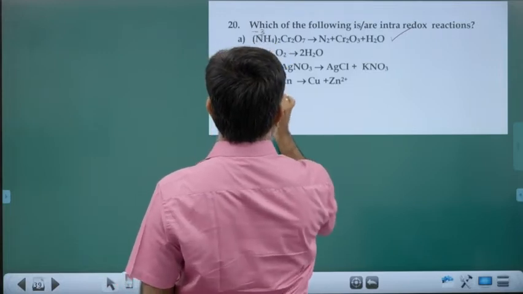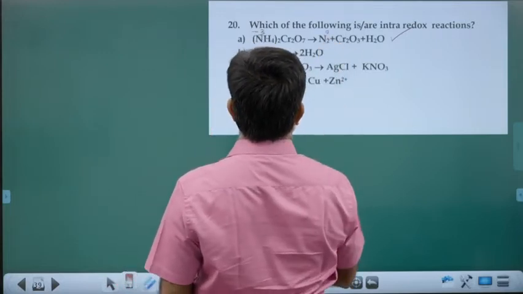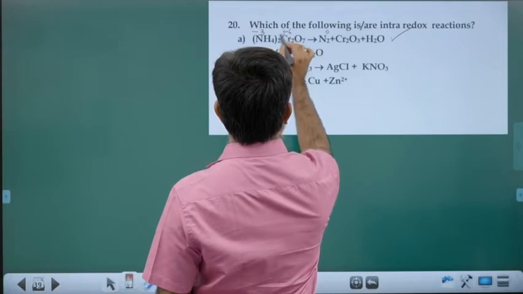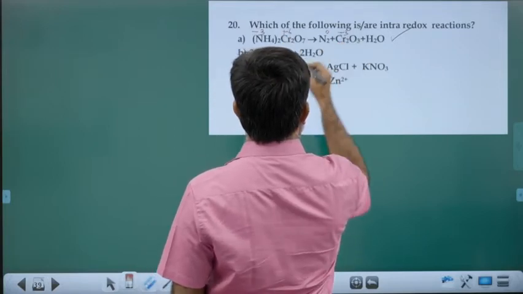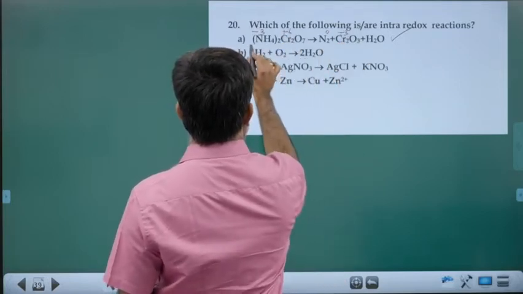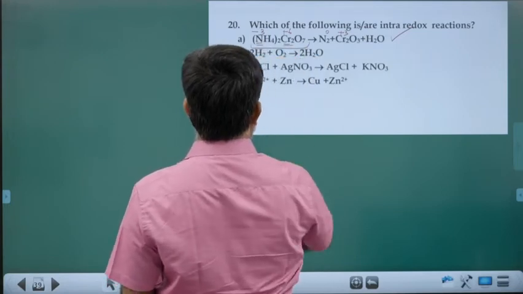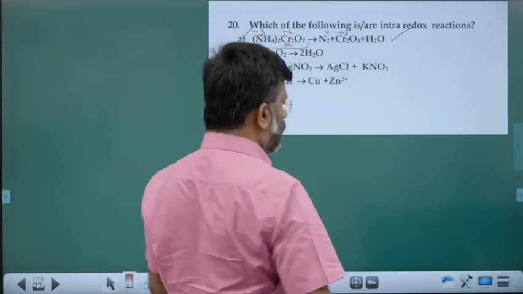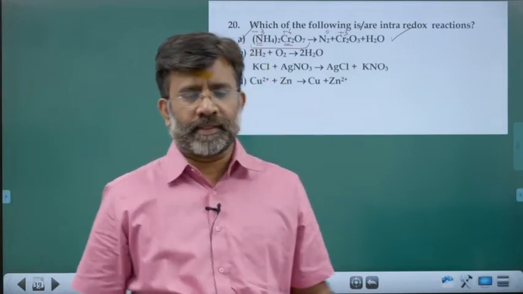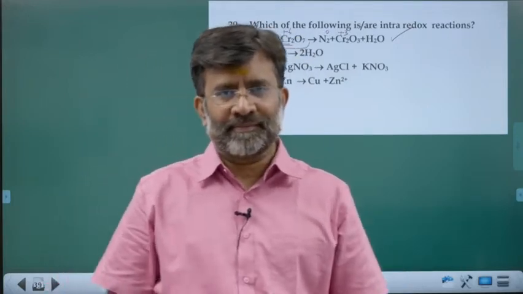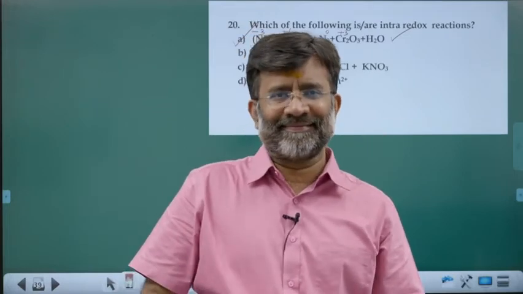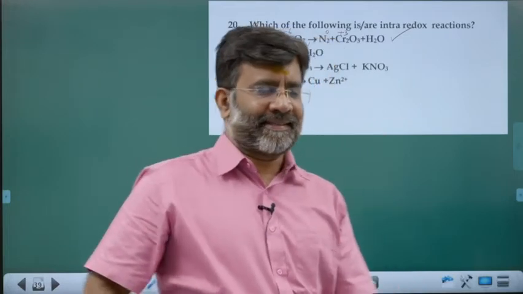Nitrogen minus 3 oxidized to 0, while chromium plus 6 reduced to plus 3. So in the molecule, nitrogen is oxidized and chromium is reduced, and the answer is option A. Since there are no other combinations, we will fix A. Next.